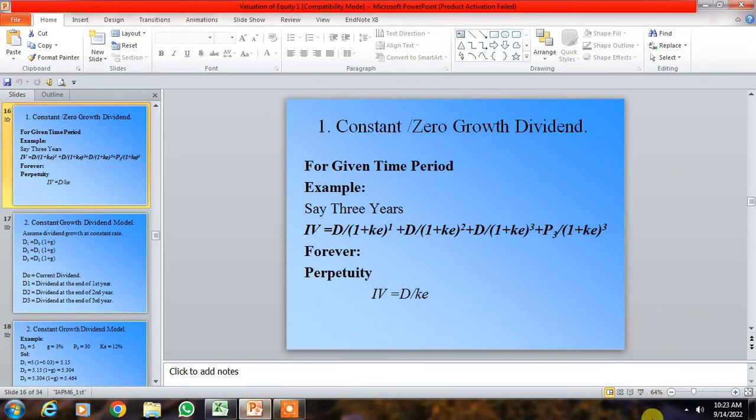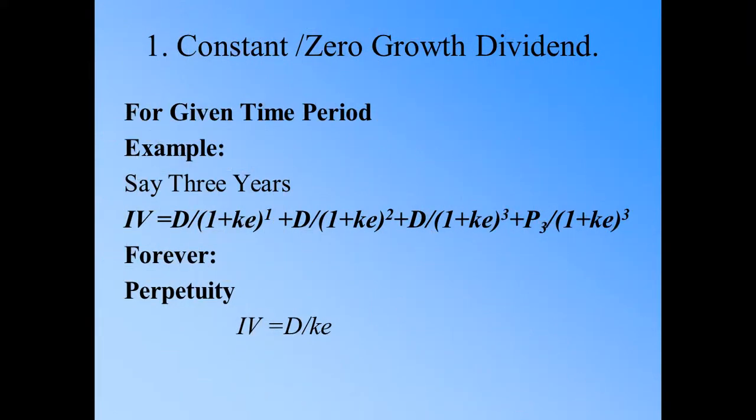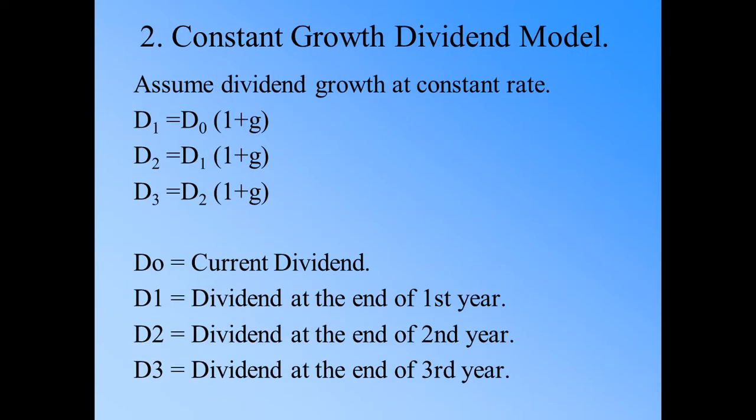Now, my dear, the criticism on this model was: how could a dividend remain constant forever? So it was criticized, and then Mr. Gordon gave the concept of the constant growth dividend model. In this case it assumed that the dividend will not remain constant, but it will increase by a constant rate.